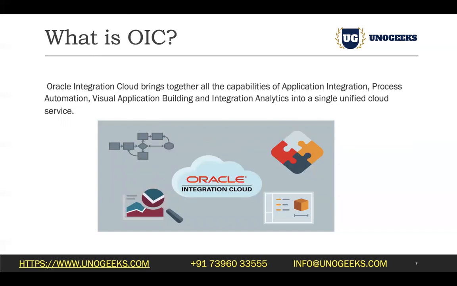But as an integration specialist, you would be dealing with only 3 of them. You can build integrations to make systems talk to each other. You can build web or mobile applications using VBCS. You can build approval processes or any custom business flows within PCS. And apart from these 3 cloud services, you've got the analytics section as well, which helps clients from a monitoring or analytical standpoint. All these 4 cloud services put together are offered as a single unified cloud service called OIC.